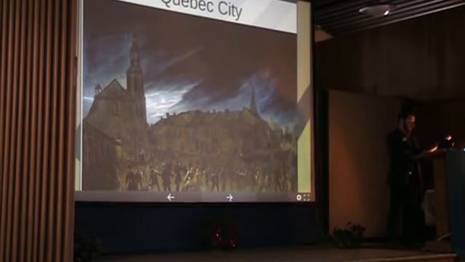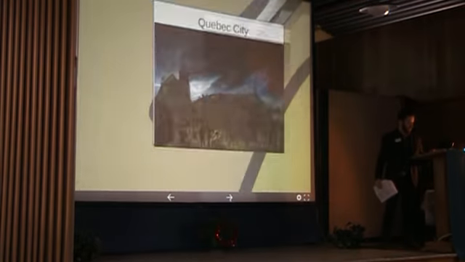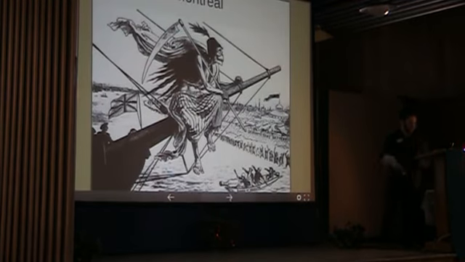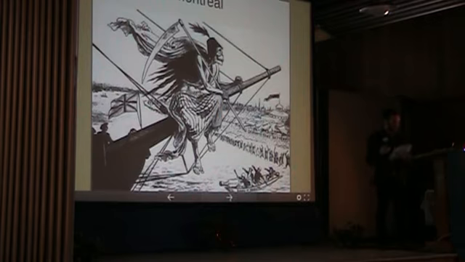Now, the disease quickly travels to Montreal, of course, and then we have this idea that immigrants are responsible for the disease. That was bringing a lot of tensions with the new people arriving.